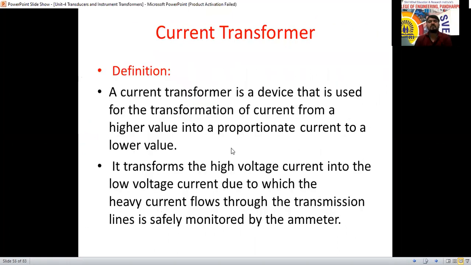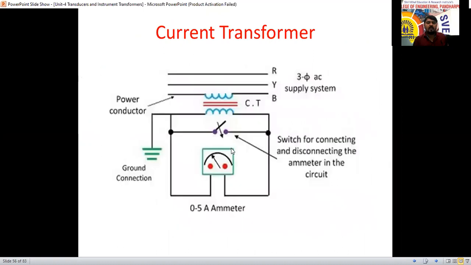After that, we discussed what a current transformer is, how it reduces the higher current to a lower current, and its construction and working principle. It always works as a short circuit because the ammeter has very little resistance. So while connecting and disconnecting, we close this switch; otherwise, the switch is kept open while doing the measurement.